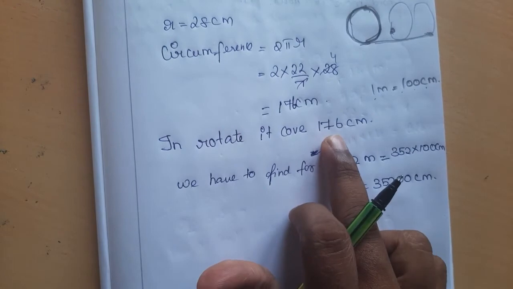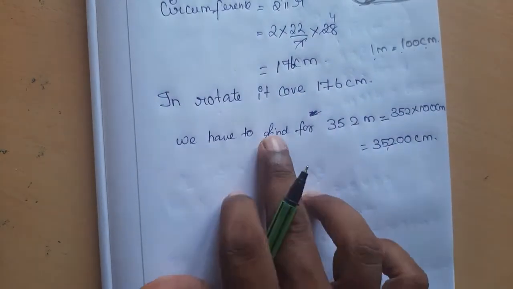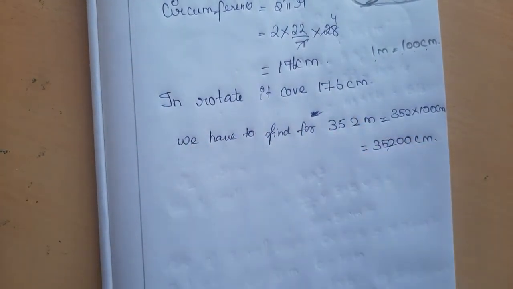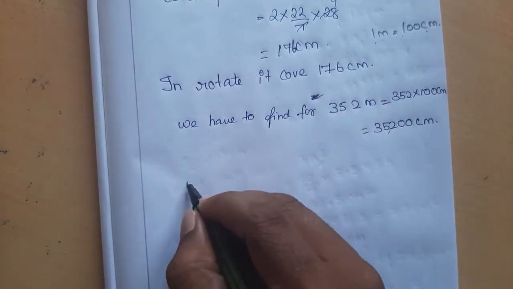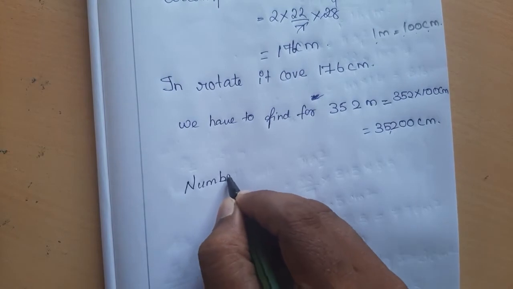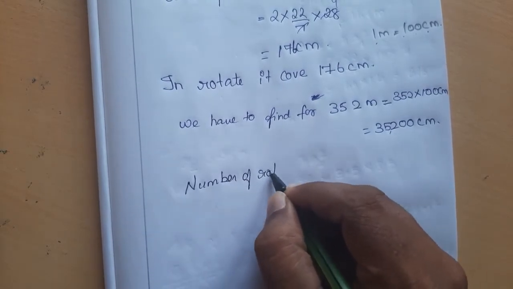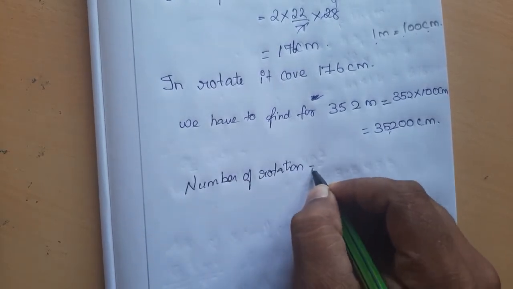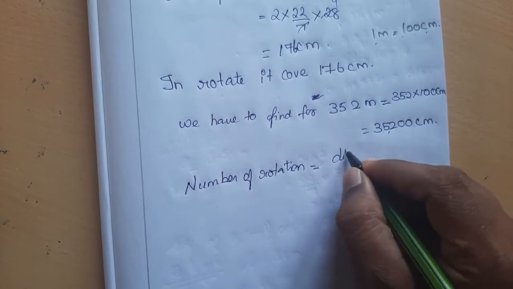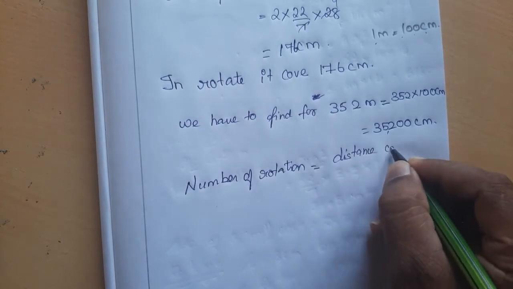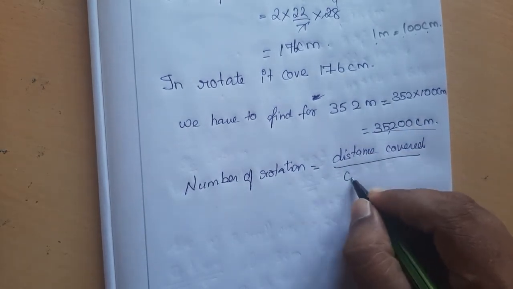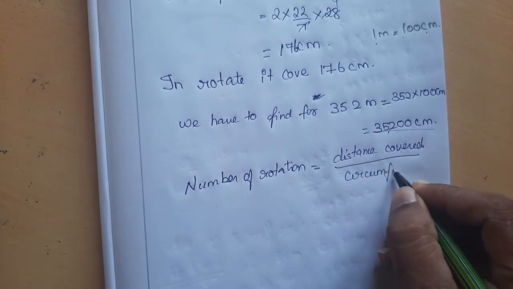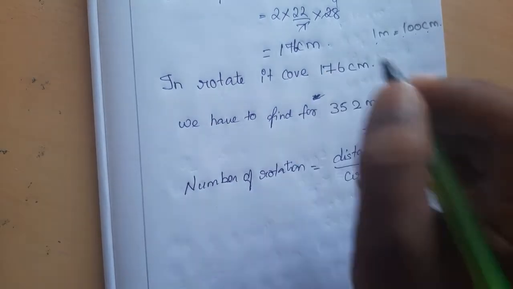One rotation is 176. Total how many rotations do we need? Some n number of rotations covers 352 meters, right? So we have to divide by one rotation. Number of rotations is equal to distance covered divided by circumference, which is one rotation.